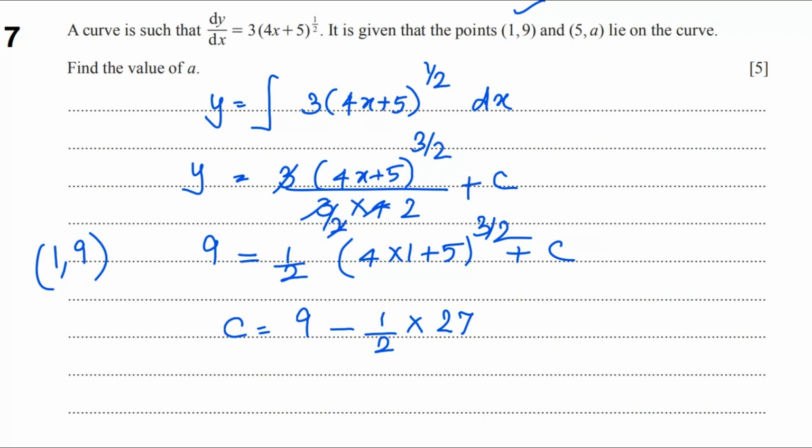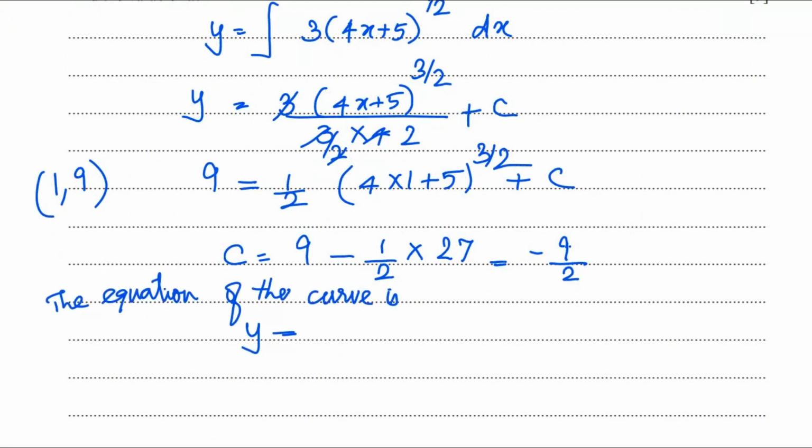Okay. So 18 minus 27, which is negative 9 over 2. So the equation of the curve is y is equal to 1 over 2 times (4x plus 5) the whole power 3 over 2 minus 9 over 2. This is the equation of the curve.